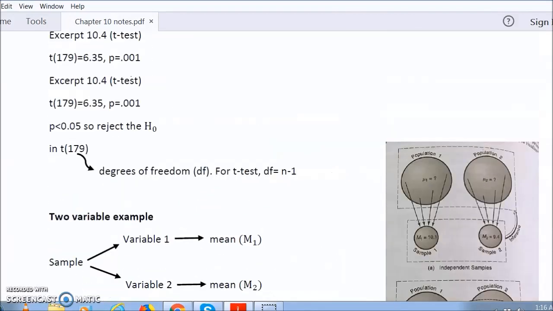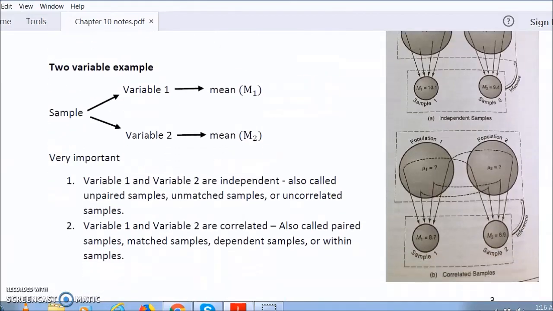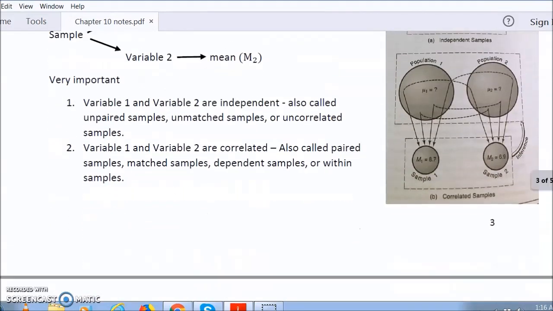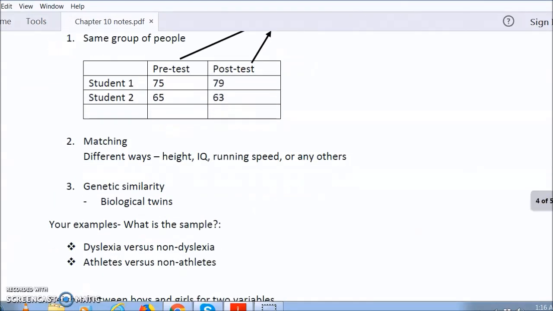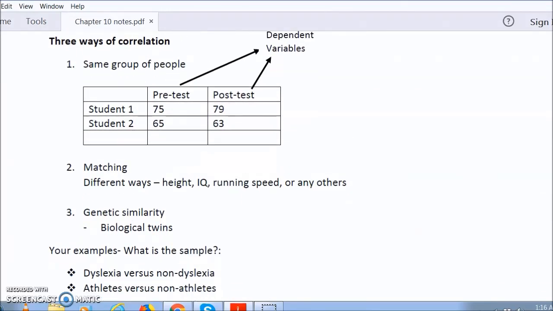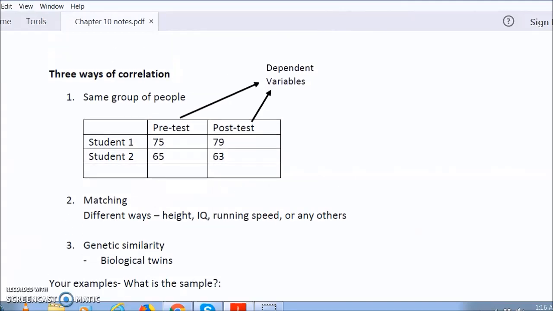It is very important to decide whether your variables are independent or correlated to each other. This one is definitely a pre-test and post-test given to the same student, so they are very much related to each other. Another thing to consider is the dependent variable.